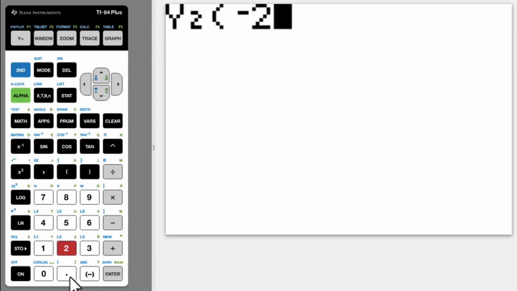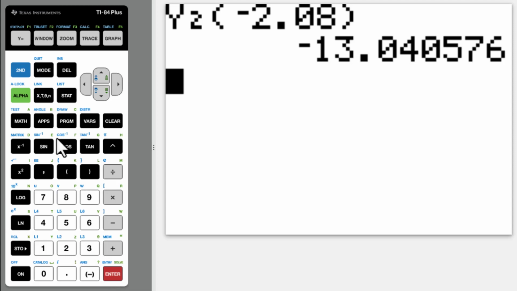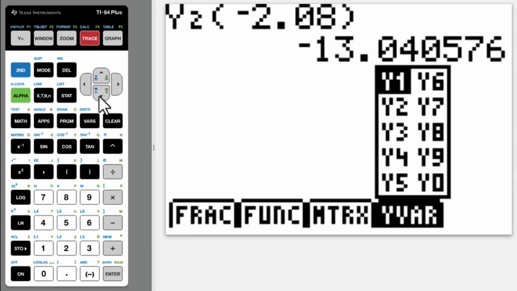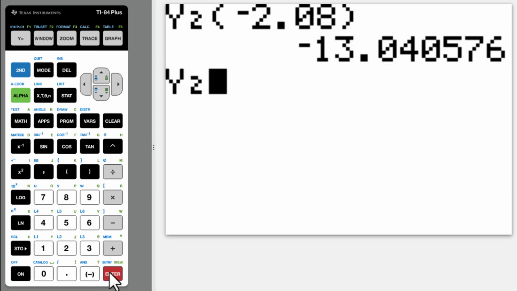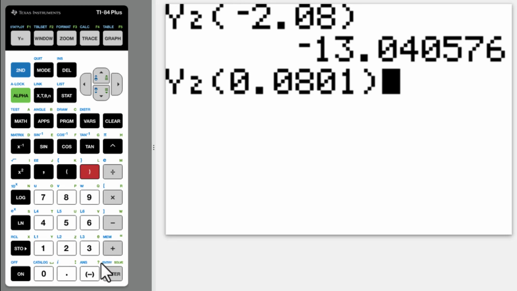Negative 2.08. Enter. Alpha trace again. Go to y2. Parentheses 0.0801. Enter.